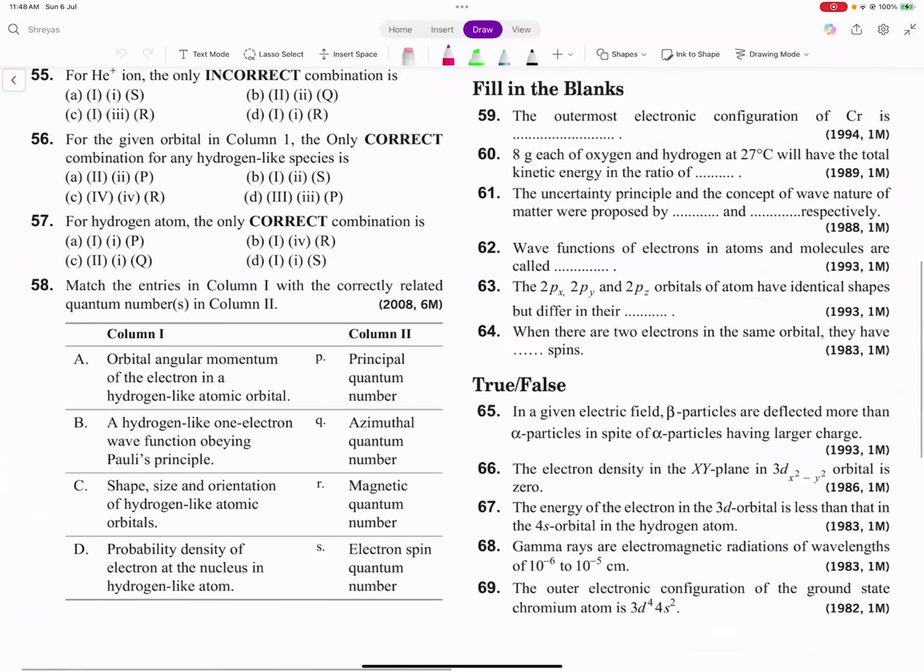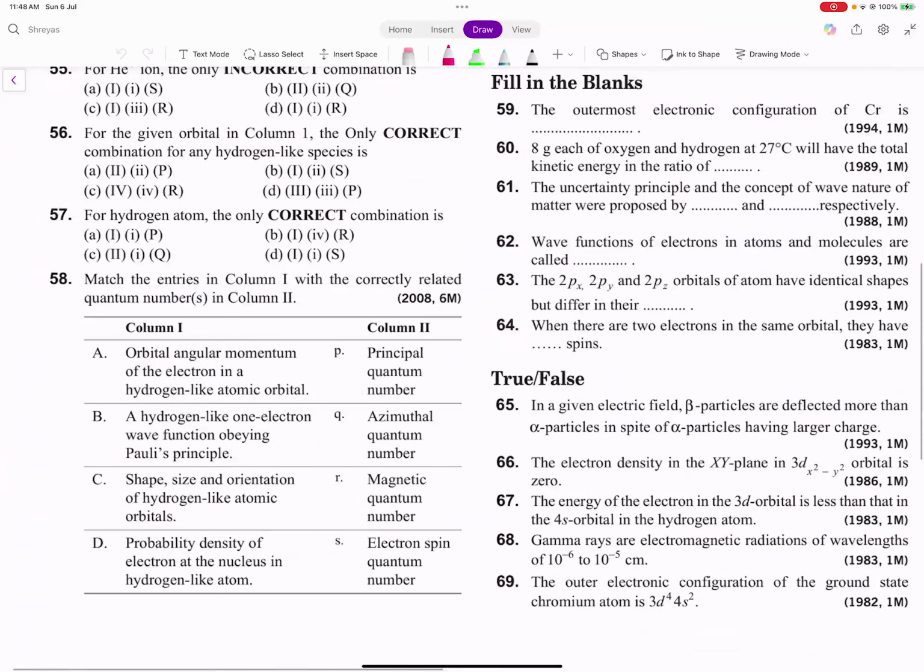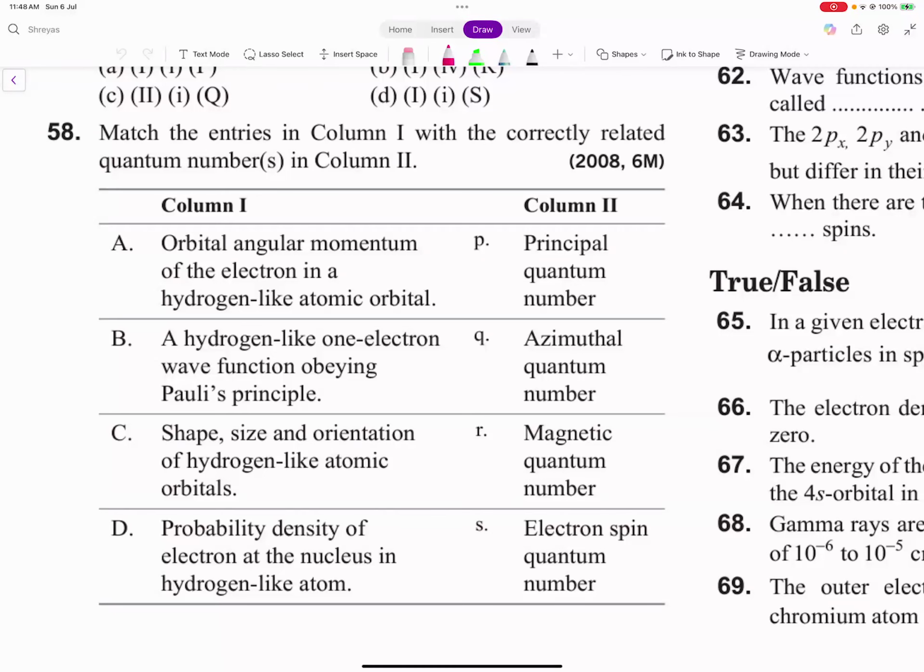Try to do 58. Like one can match more than one. See, read the question here. Quantum numbers.